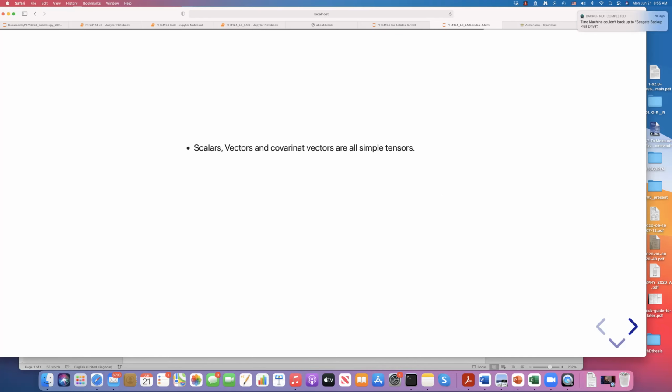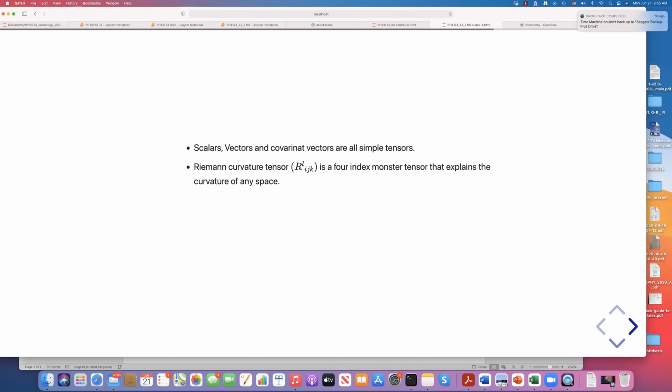Now, the next question that you will probably have is, what are these tensors? Because I have not introduced or defined this term tensor, right? In one way, all the scalars, vectors, and covariant vectors that we talked about up to now are actually simple types of tensors.